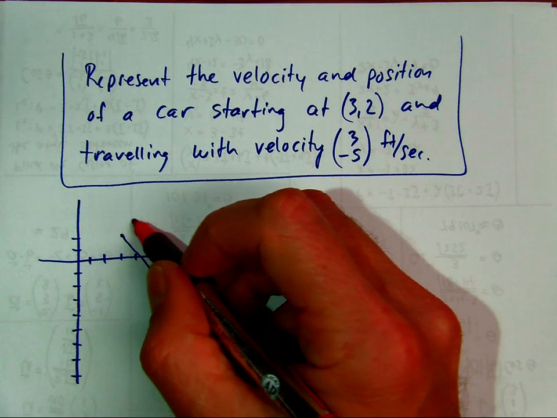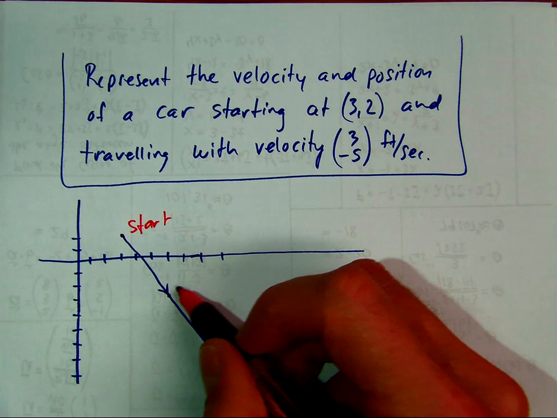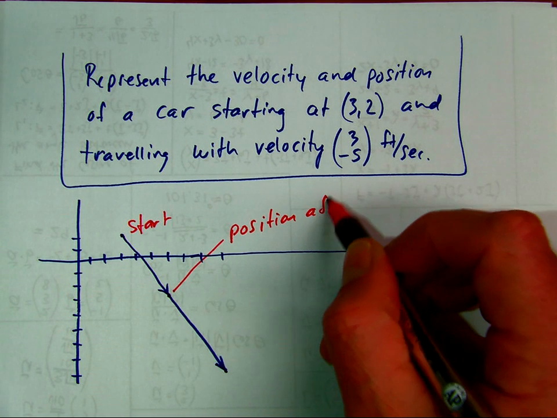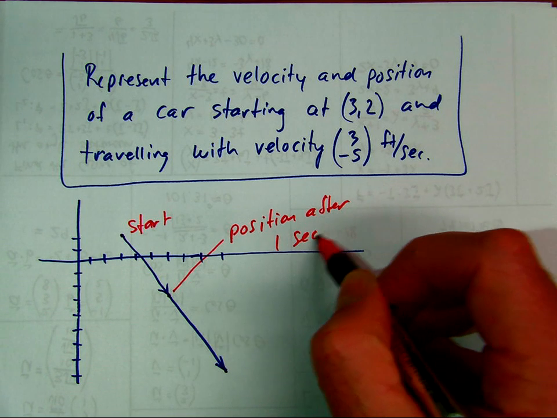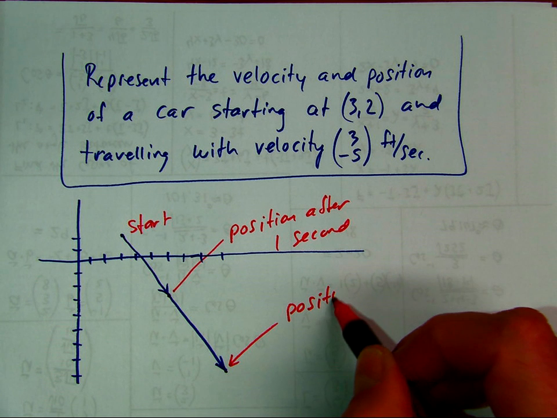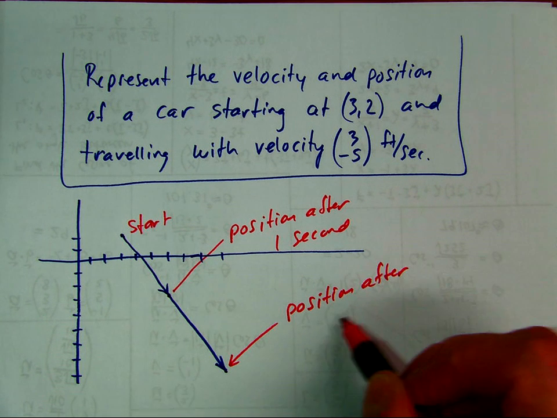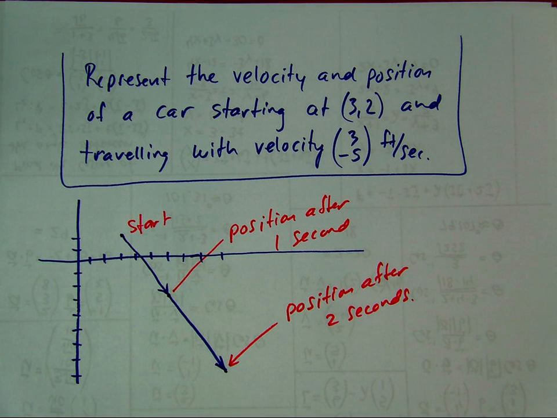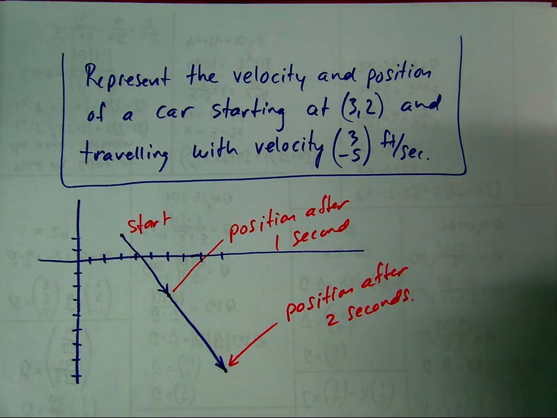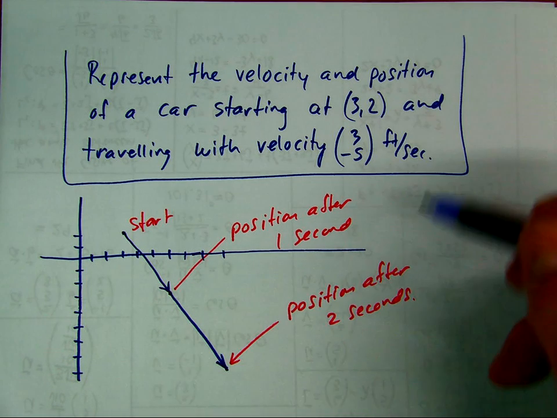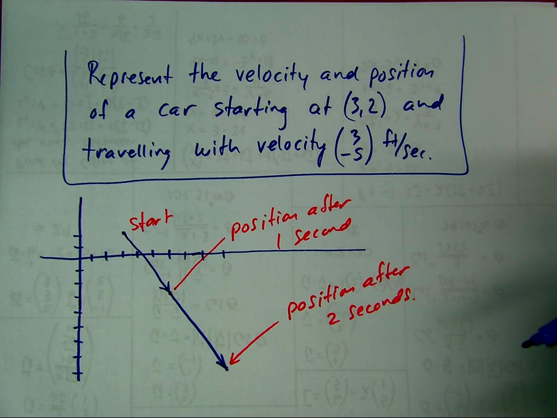It starts here, and then so we could just continue this for however long it travels, and we can find its position after some amount of time. And we could even use fractions of seconds.